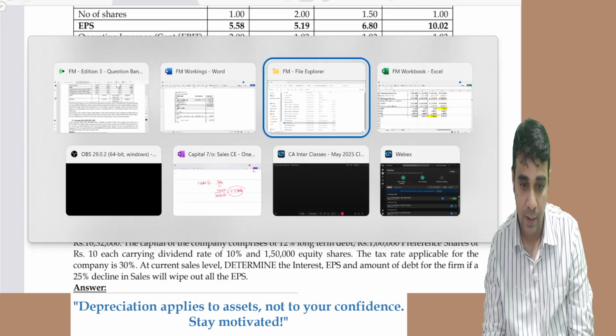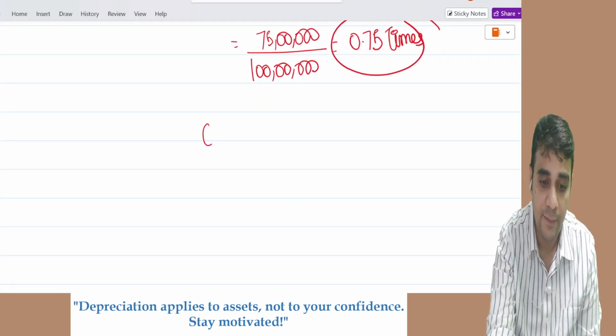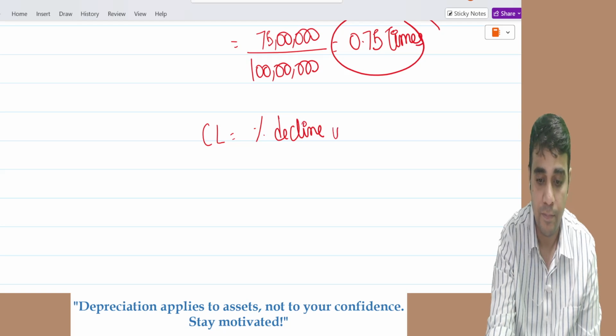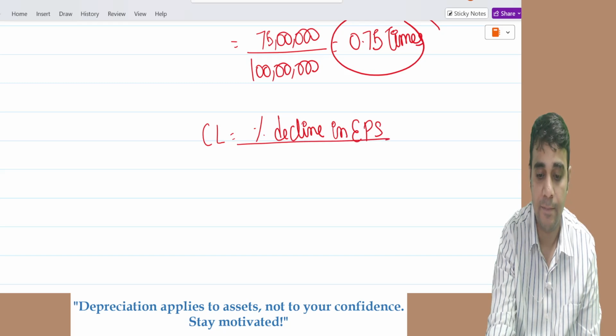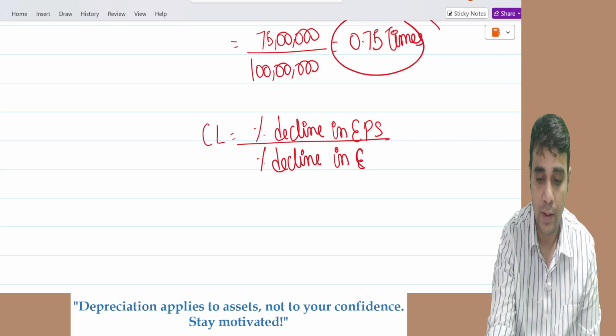Now, combined leverage is equal to percentage decline in EPS divided by percentage decline in sales.